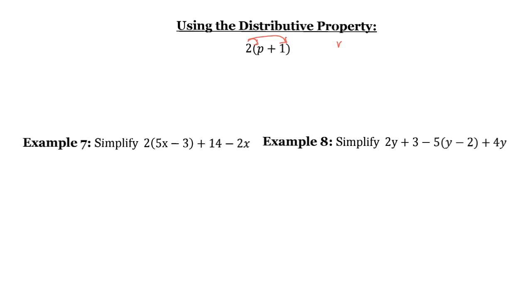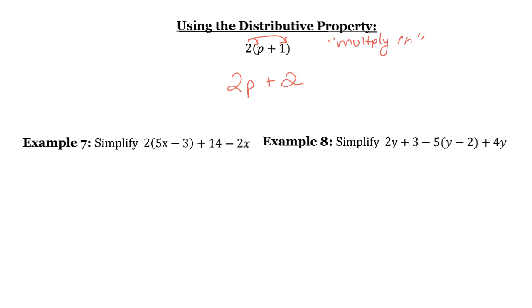So multiply in is what I would say. 2 times p is 2p, and then 2 times 1 is going to be 2. So we distribute that 2 to both of those values, and that's how we get 2p plus 2.